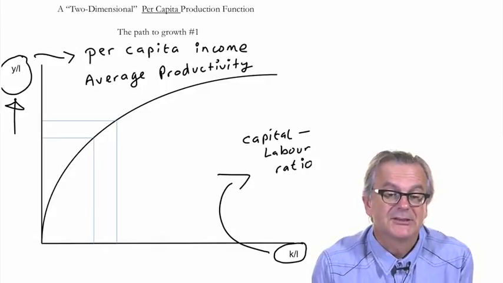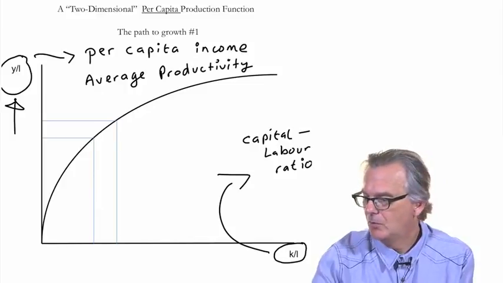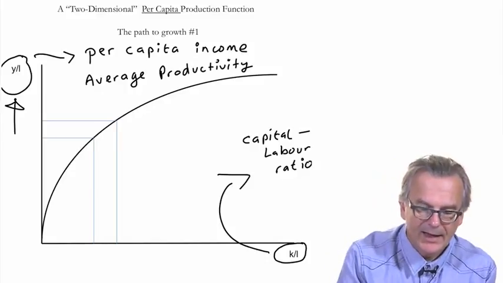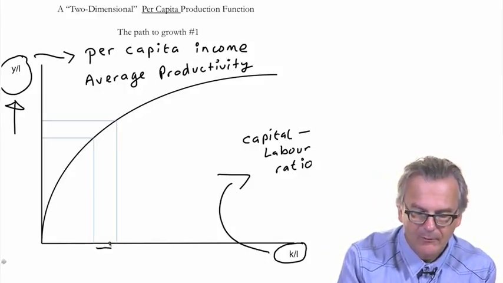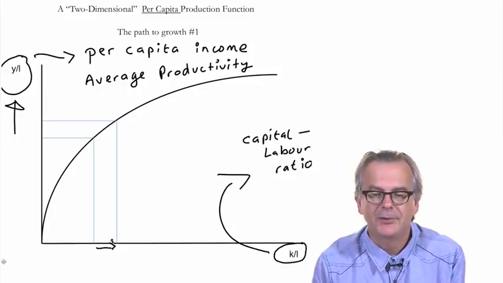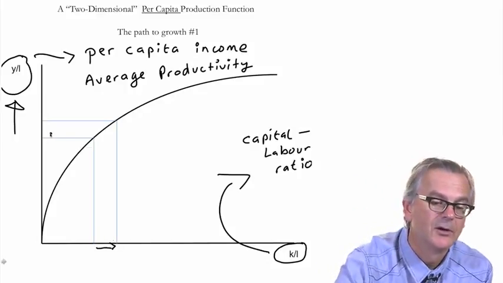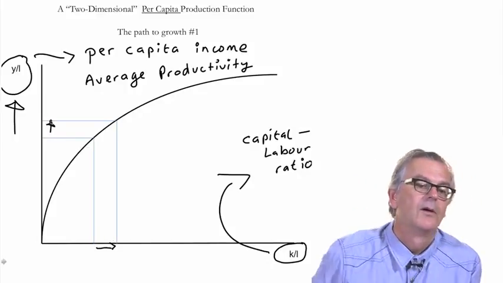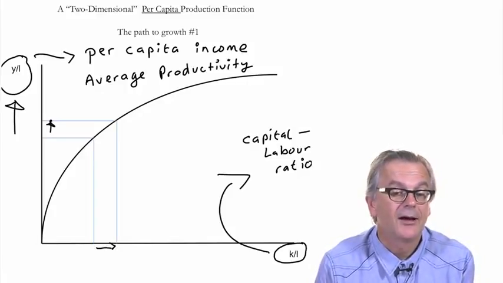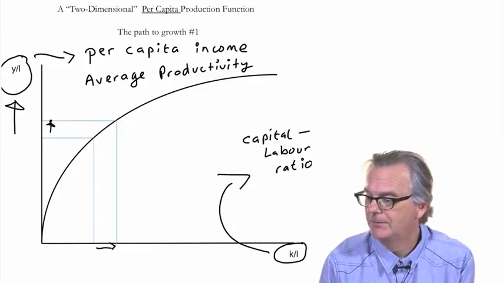So it's going to have similar characteristics to what we had previously, so that now if we increase not capital on its own, but the amount of capital per person, if we increase the capital labour ratio, that by itself will be sufficient to generate higher average productivity or to generate higher per capita income.